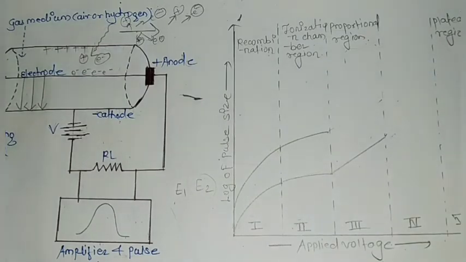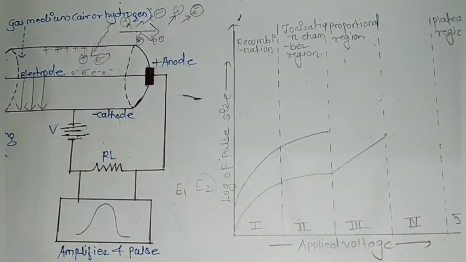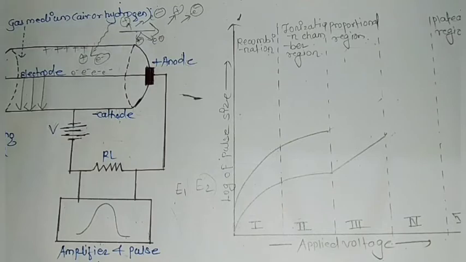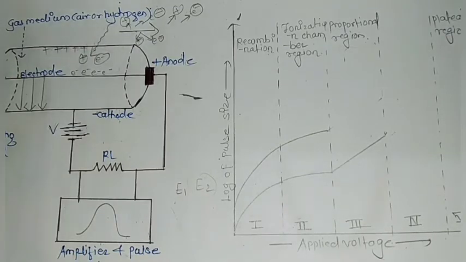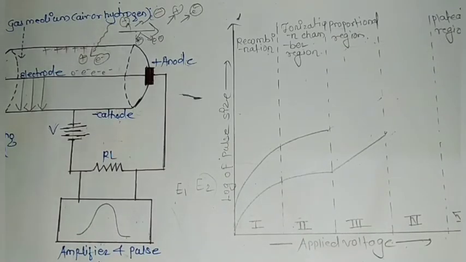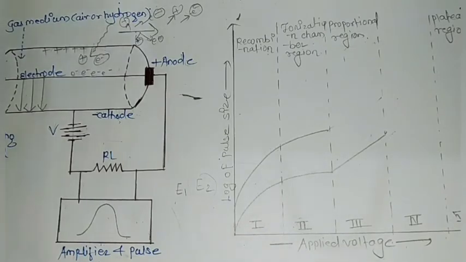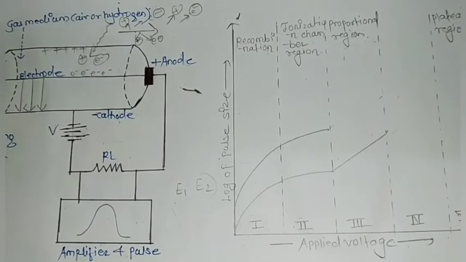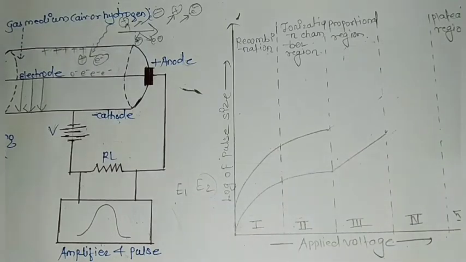Now, this region is very important for low energetic nuclear particles. If the nuclear particles incident on this system are not very energetic and are not able to induce a sufficient amount of ionization, then the current pulse created will be so small that it will be difficult to differentiate from the electronic noise.